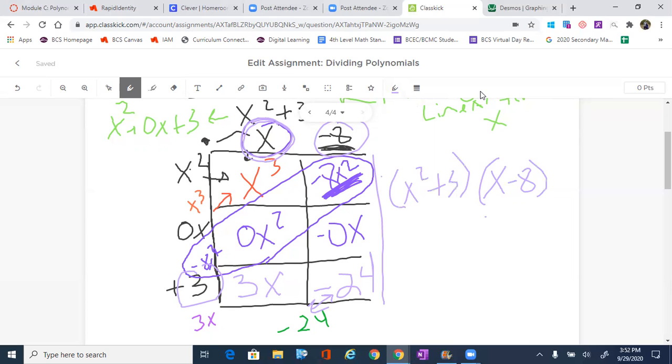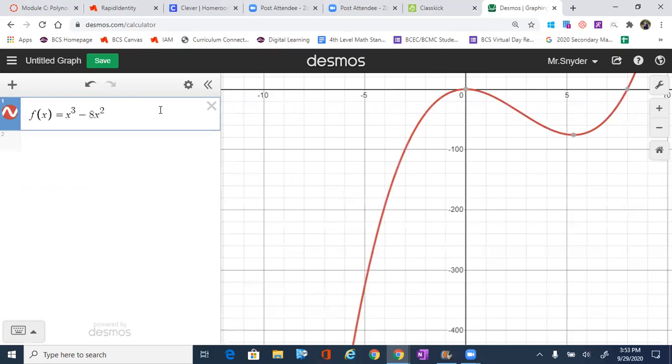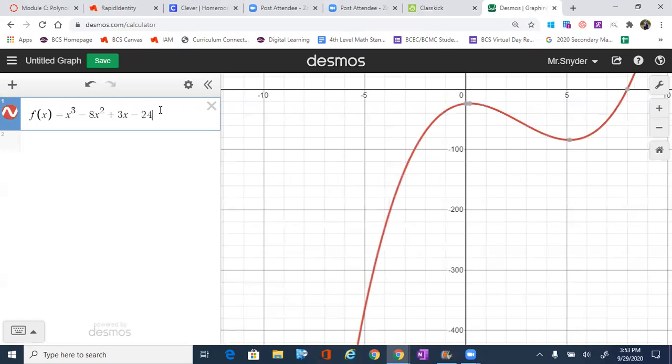Now, the answer we were looking for is this, x minus 8, but we want to verify that our answers are correct. So we go to Desmos and we type in the original equation. We give it a nice little name. I'm going to type in the numerator, x cubed minus 8x squared plus 3x minus 24.